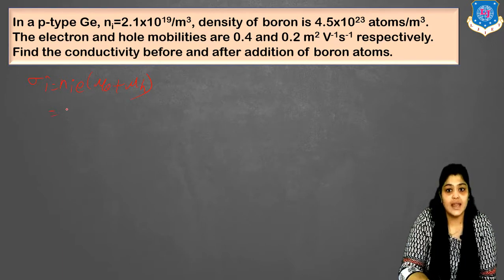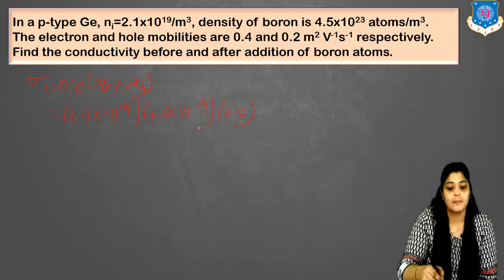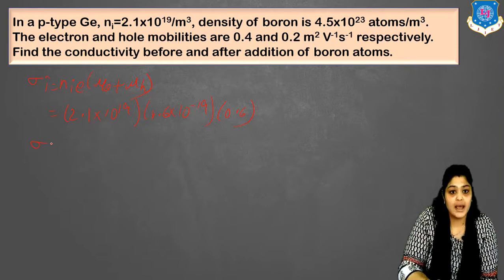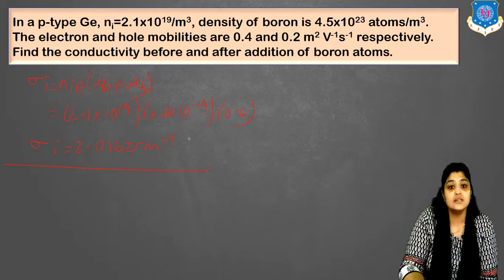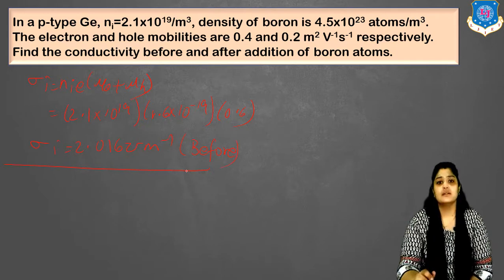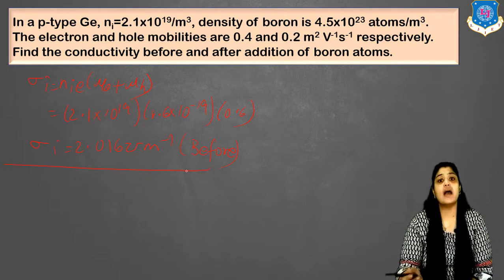So I get ni is 2.1 into 10 raised to 19, 1.6 into 10 raised to minus 19, and 0.4 plus 0.2 is 0.6. So sigma I get is 2.016 mho meter inverse. This is before boron is added. But what will happen if you add boron?